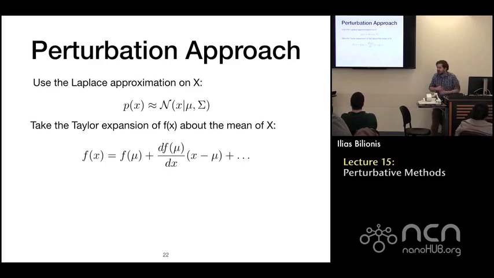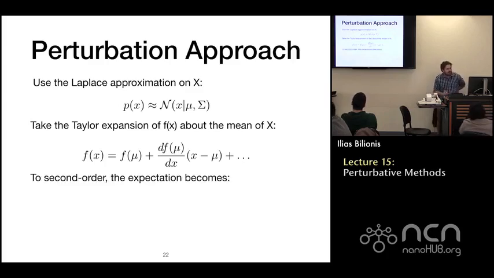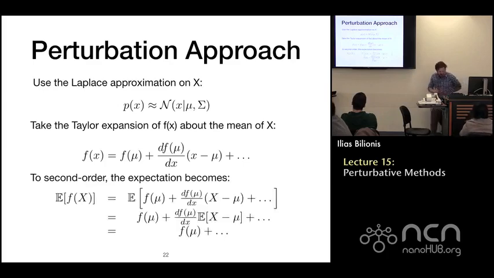Now we can, for example, approximate the expectation of Y. Here is the expectation of Y. It is the integral of this expression over p of x, and p of x is now a Gaussian. So you have the expectation of f of x, which is the expectation of the Taylor series expansion. Remember that the expectation is a linear operator, so you get the expectation of this and the expectation of that.